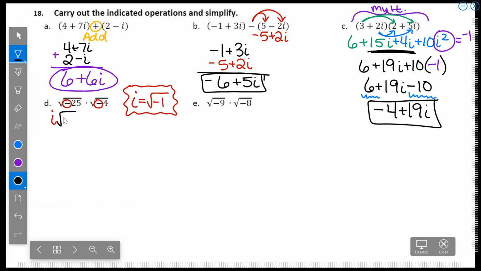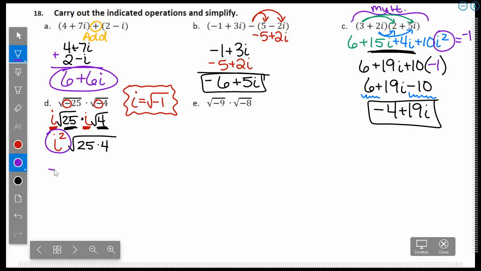So i square root of 25 times i square root of 4. i times i gives me i squared. And then these pieces underneath the square roots, I can multiply together underneath the square roots. So I multiply the outside parts, the i and the i, and I multiply the inside parts.